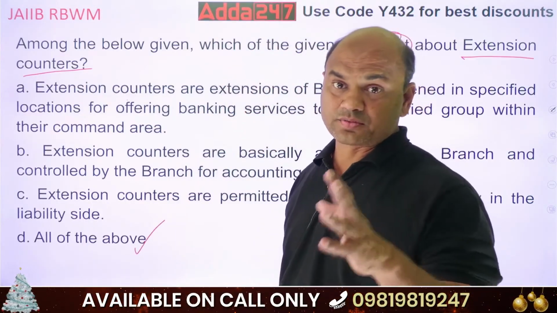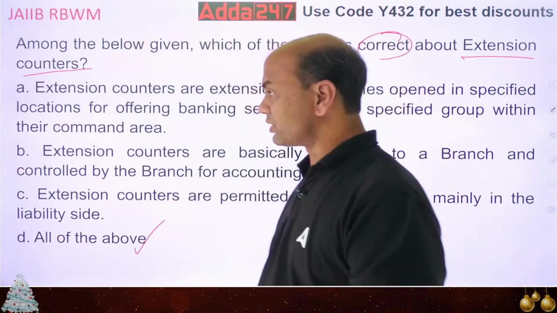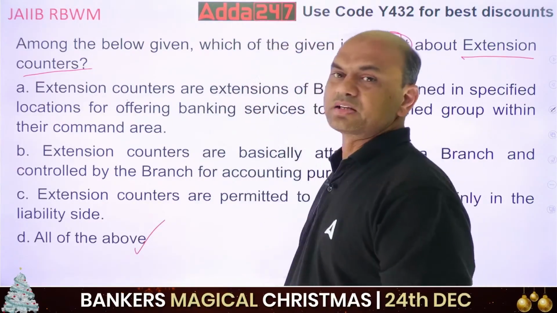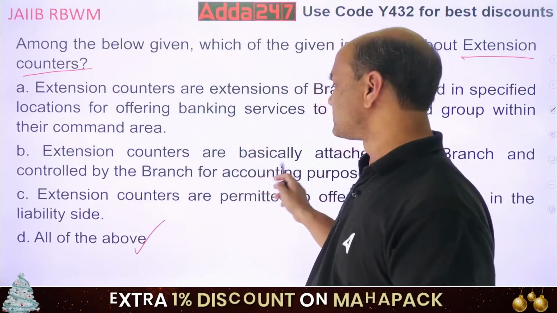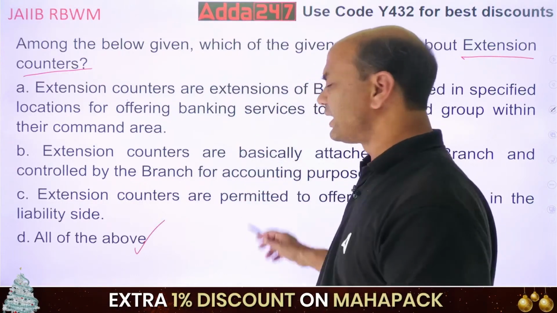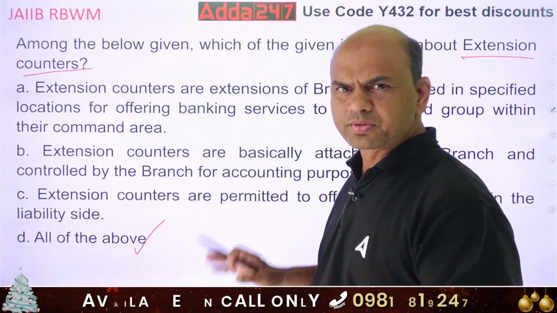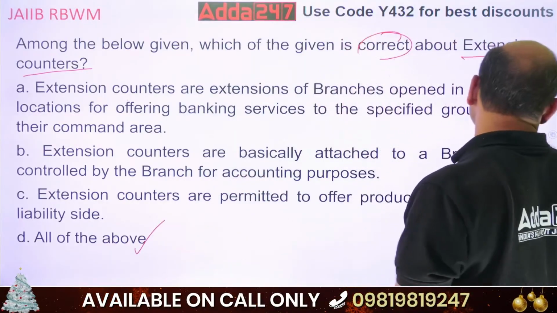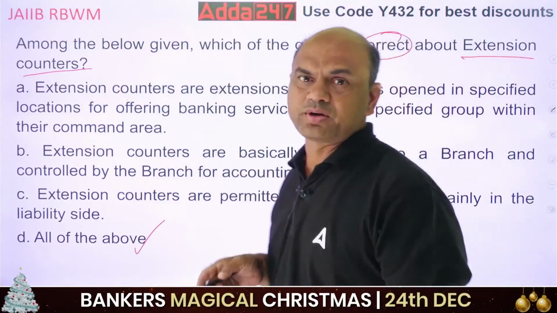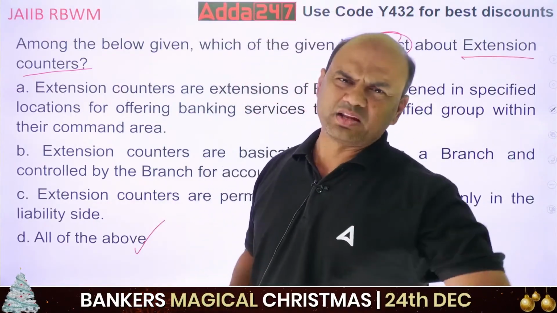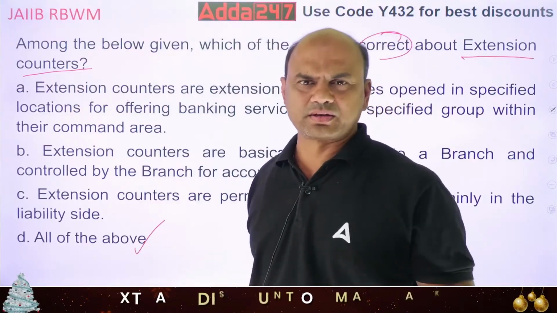Extension counters are generally attached to some branch for accounting purposes also, and they generally give liability deposit products. They don't give asset products. Again I am saying, with the advent of internet banking, now anyone can do any transaction anywhere.